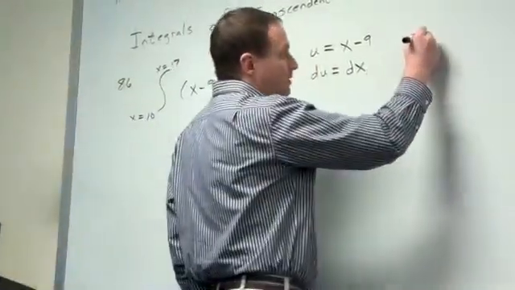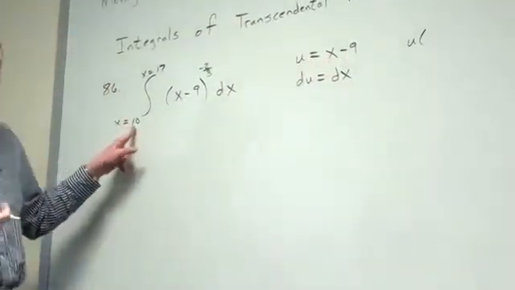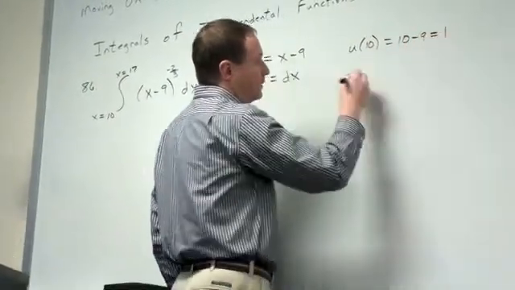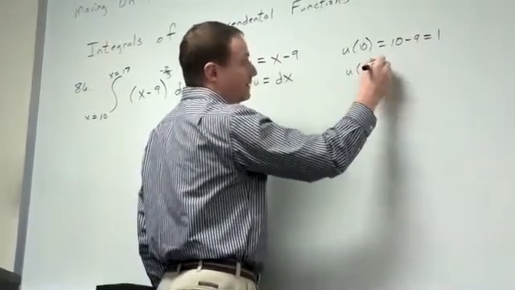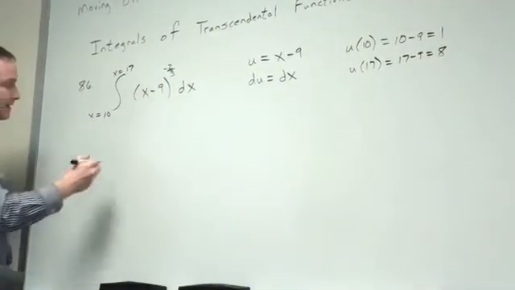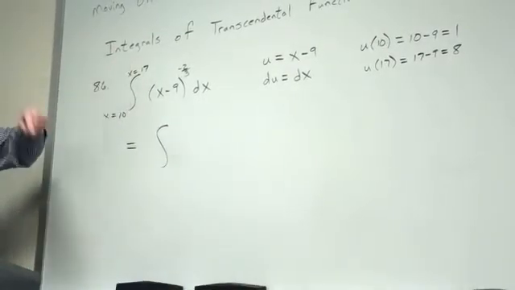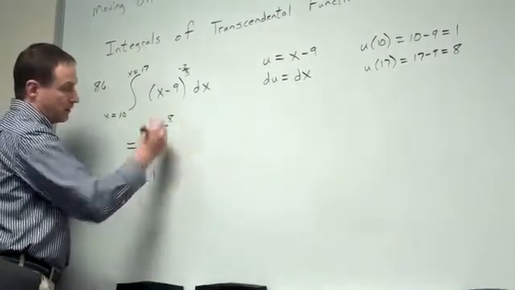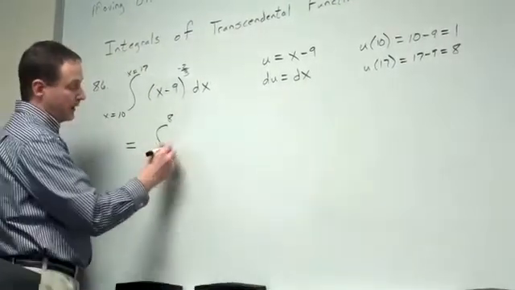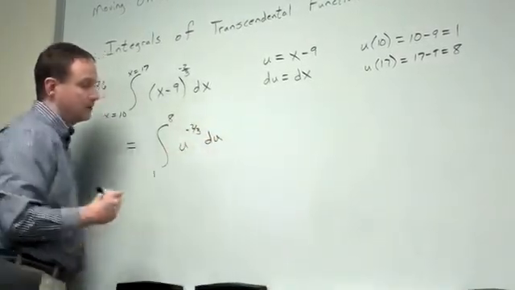So I would say, well, u is a function of x, so what is u of 10? U of 10 is simply 10 minus 9, 1. U of 17 is simply 17 minus 9, 8. So we'll say this becomes the integral, instead of 10 to 17, 1 to 8, and instead of the group x minus 9 to the negative 2/3, we just have u to the negative 2/3 du, since dx is du.